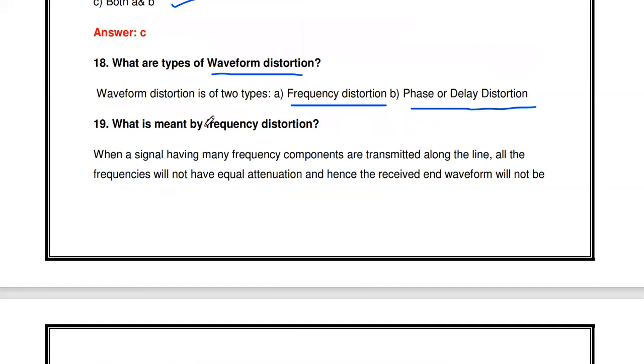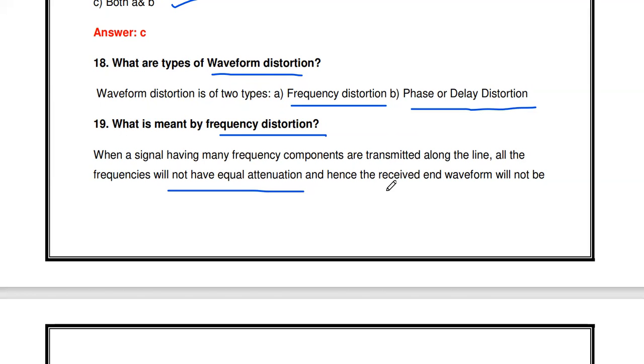These are the two types of distortions that occur in a transmission line. Okay. Then what is meant by frequency distortion? When a signal having many frequency components is transmitted along the line, all frequencies will not have equal attenuation.